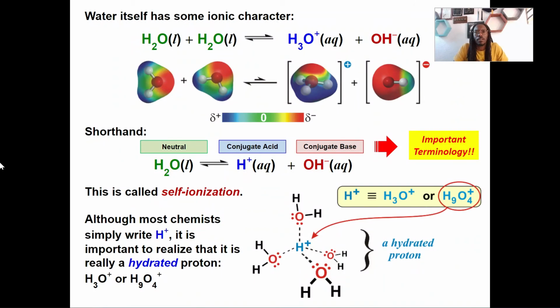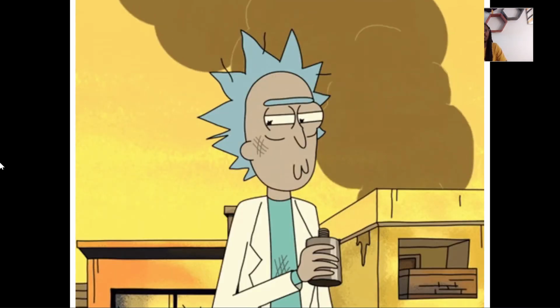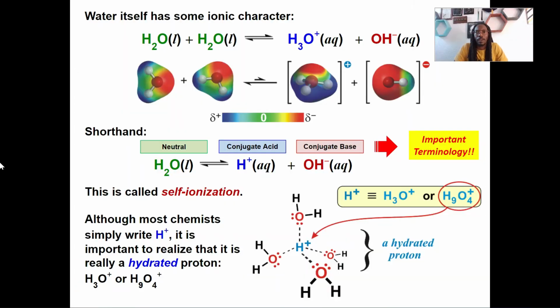Speaking of acids and bases, there is one substance that can act as both an acid or a base, and that's water. Water is always up to doing something. Water has some ionic character. When we combine waters together, there's a chance you could form an H3O+ ion and an OH- ion. You are taking that extra hydrogen and adding it on here, and taking away that hydrogen from our OH.